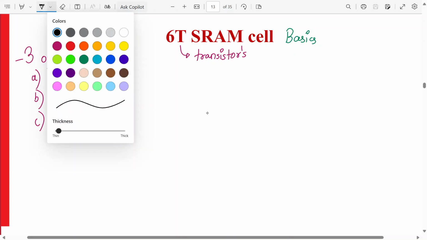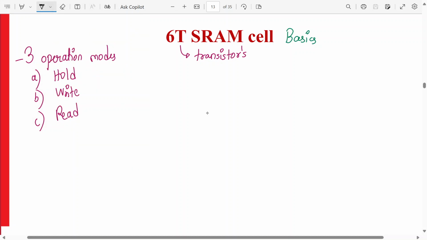So remember, it consists of 2 inverters. So how it was? Just like this, 2 inverters. Yes or no? 2 cross-coupled inverters. So this is Vin1, this is VO1, output of 1, this is Vin2, this is VO2. So this is inverter number 1, this is inverter number 2, and we have to exactly draw that.